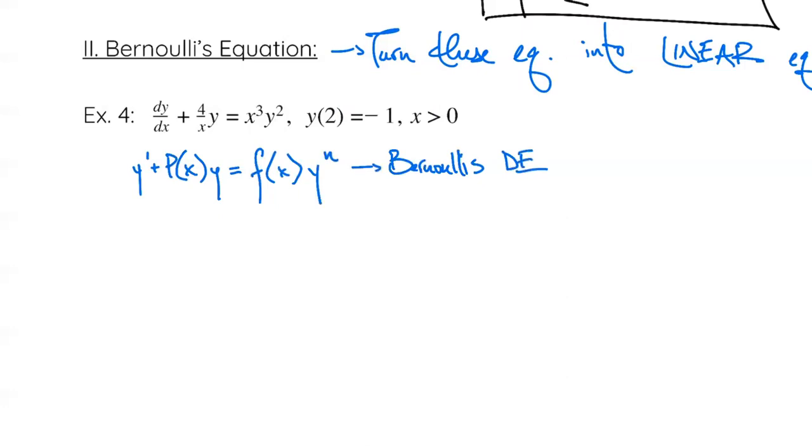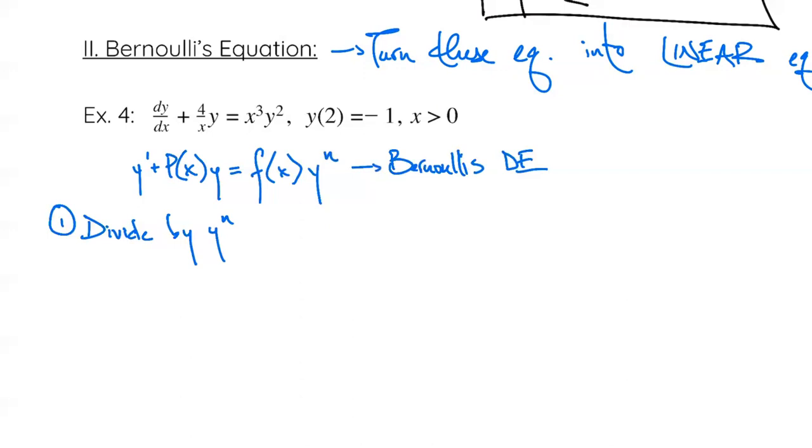okay? So here's how we're going to approach these problems. We are going to approach these problems by getting rid of the thing that's causing the problem, the y to the n, all right? And so how do we get rid of those? We are going to divide by y to the power of n, okay?